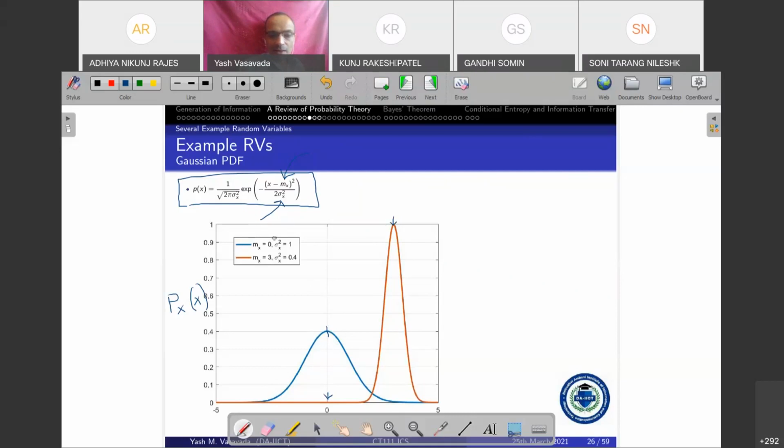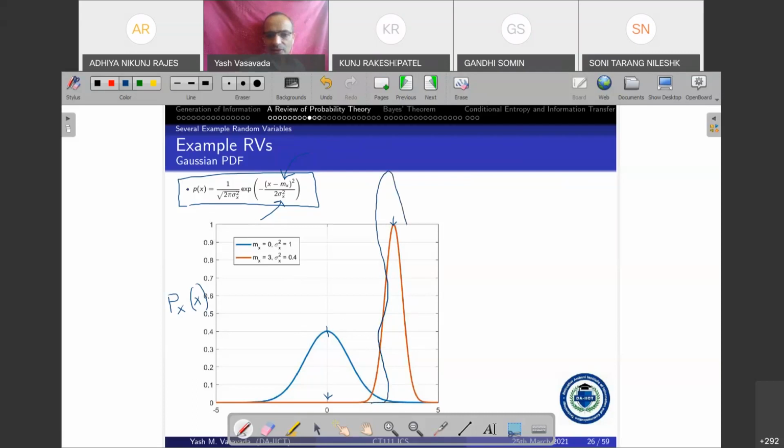So the highest value of the Gaussian PDF corresponds to the mean value of that random variable. And then variance tells us how wide this PDF is going to be. The blue one has a variance of 1, and so it is a little wider compared to the red one, whose variance is smaller. If I make the variance very small, maybe instead of 0.4, if I make it 0.04, then this red one will look like this.